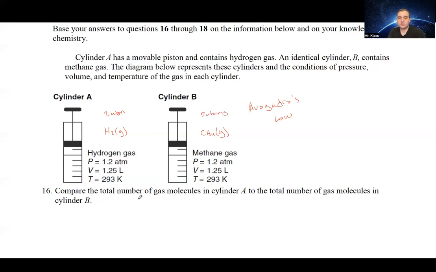However, despite their sizes, the total number of gas molecules in cylinder A and B is exactly the same. So we can say equal number of gas molecules. This is, again, according to Avogadro's law. So Avogadro's law, in my opinion, is one of the easier ones.